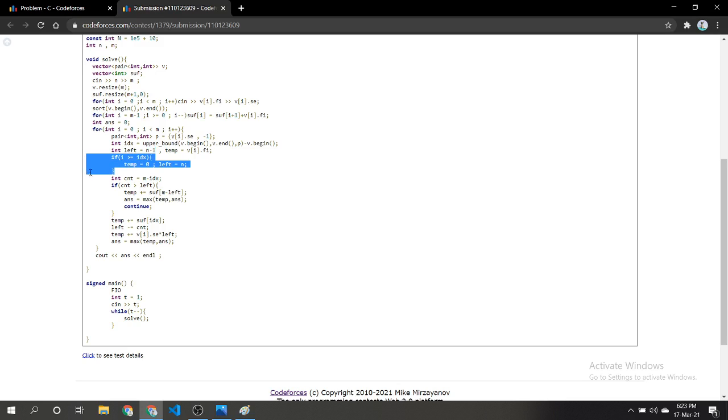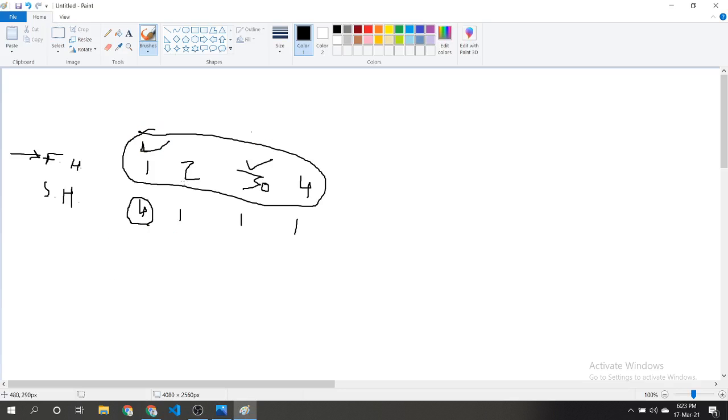If I have this array with 40 and I try an upper bound on this, the upper bound index will be here, so I will be considering this 30 more than once.